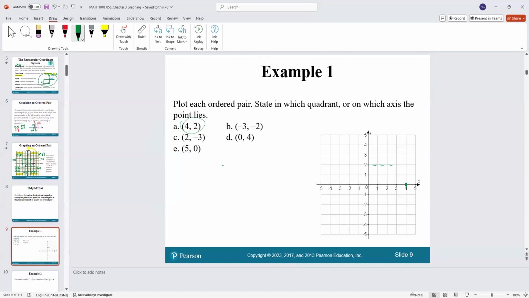So this is where we put A. And B, you have X is -3 right there, and -2. That would be B. C, X is 2, Y is -3.